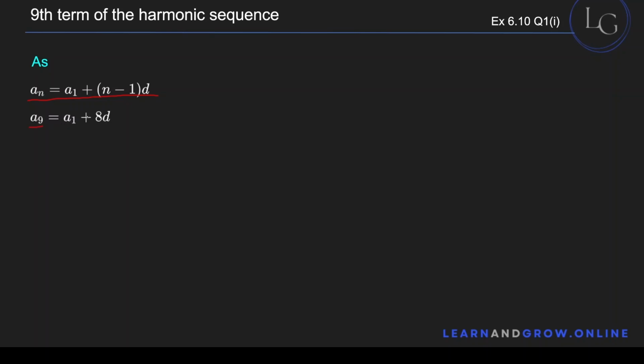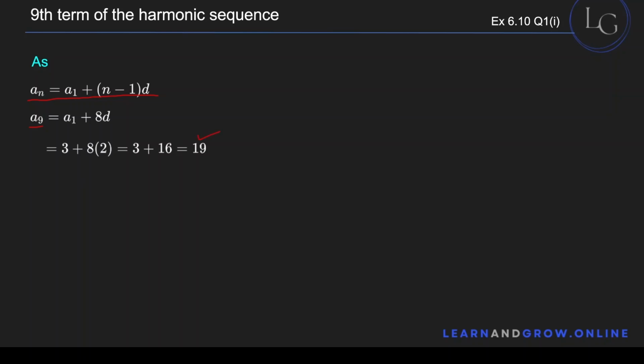So we have a1 plus 9 minus 1 into d, and 9 minus 1 is 8. So a9 is equal to a1 plus 8d. So this comes out to be 3 plus 8 into 2, because d is equal to 2 and a1 is equal to 3. And once we do the calculations, you'll find that 19 is the answer.